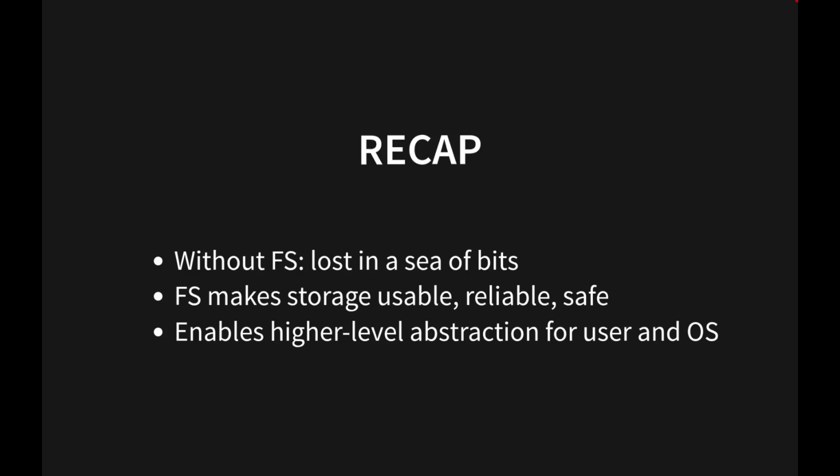At its core, a file system tries to make storage usable, and also reliable, safe, and consistent, and keep the integrity of files, etc. Basically, file systems provide an abstraction layer over the physical hard disk or hard drive we have, such that the user and the operating system can organize data more efficiently and more conveniently.